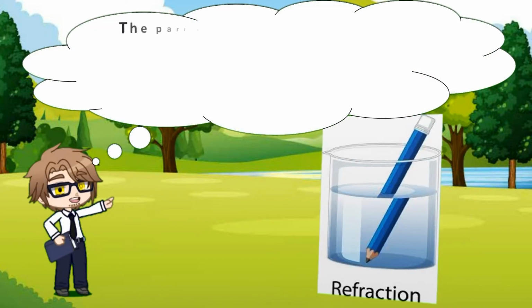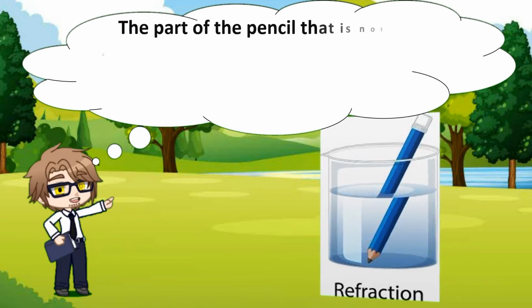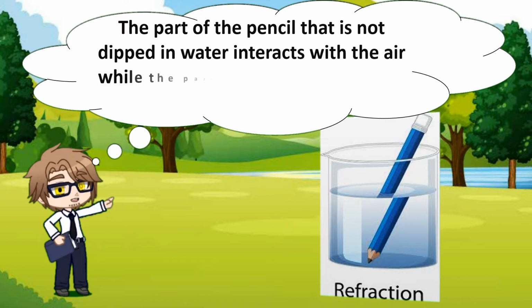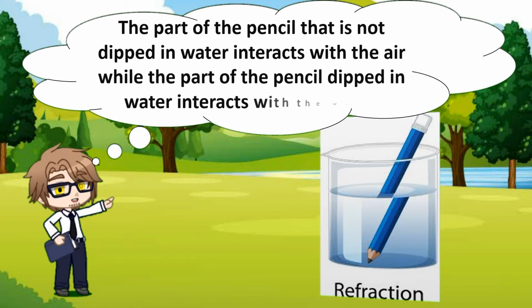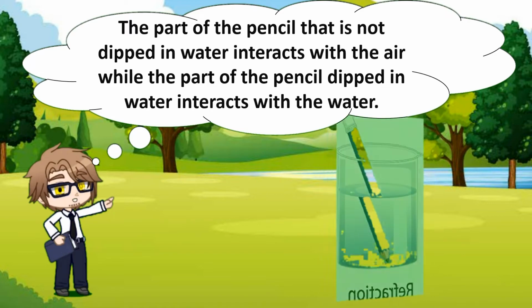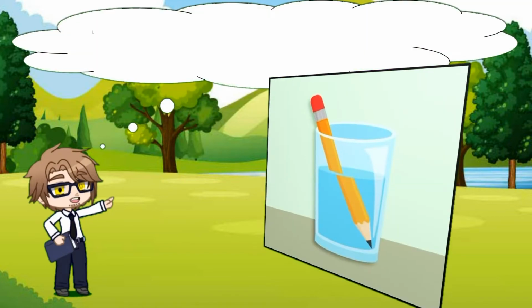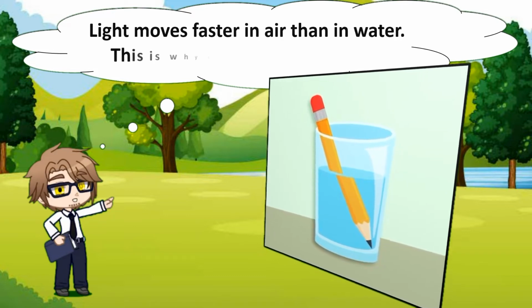The part of the pencil that is not deep in water interacts with the air, while the part of the pencil dipped in water interacts with the water. Light moves faster in air than in water. This is why the pencil looks bent.